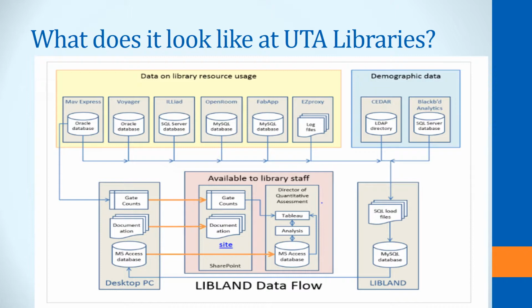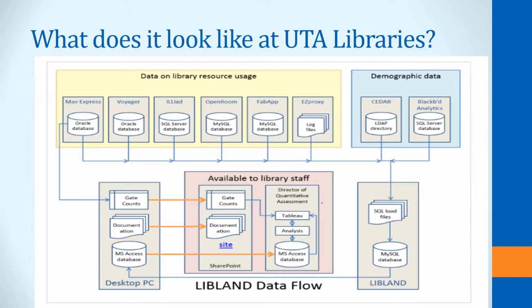And then EasyProxy data. EasyProxy is our open source, open URL identifier, and when students or affiliates are logging in from off campus into library resources, they would log in using EasyProxy.